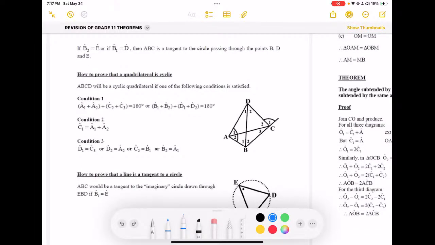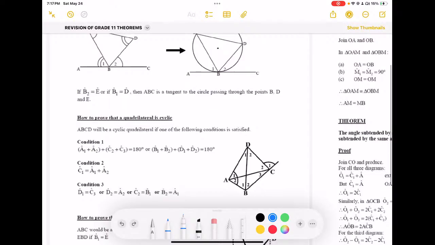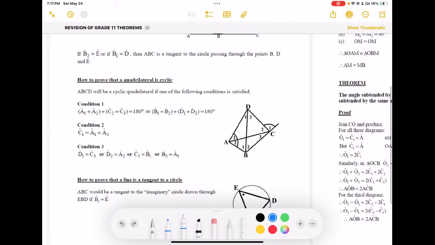And then how to prove a quadrilateral is a cyclic quad. Here it is, right? To prove a quadrilateral is a cyclic quad, you either prove the exterior angle equals the interior opposite angle, or someone might prove that this angle is equal to that one because they are on the same segment, subtended by this chord.